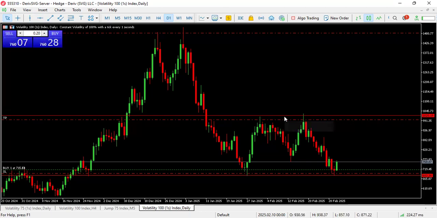This place is a key turning point. Down here is a key turning point. You need to use daily or weekly to identify key turning points.